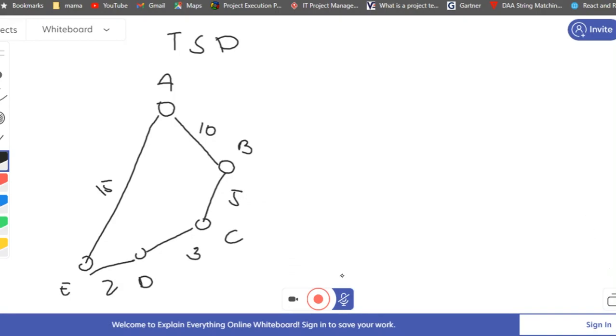So this is the sample graph problem to find the shortest path using the traveling salesman problem. In this TSP using exhaustive search, you must determine all the possible paths, possible solutions, in order to solve the problem.